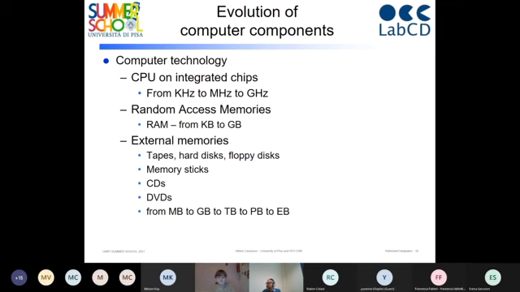So this is one cycle. And the first machines were performing this cycle in the order of 1,000 times per second. Then we moved rather quickly to millions of times per second. And today we are at the level of billions of times per second.